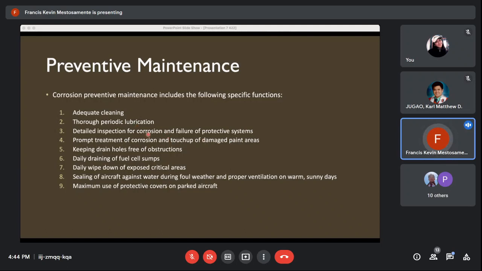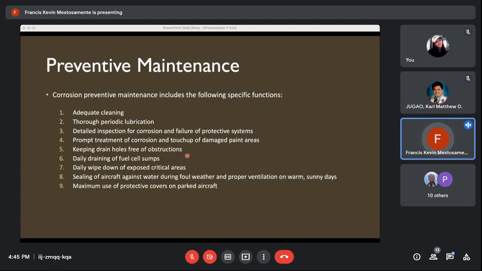Detailed inspection, prompt treatment of damaged paint areas. Sinasabi ko nga kanina, the function of paint is to protect the material from the redox process, not only as a style or to make the aircraft look good. So we touch up damaged paint areas para hindi na magsimula ang corrosion.